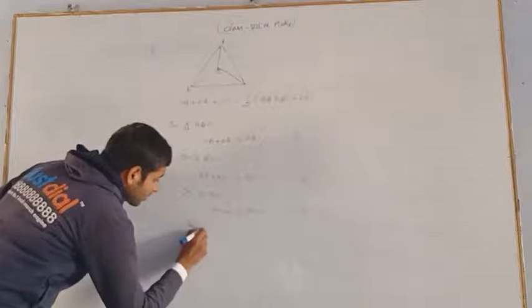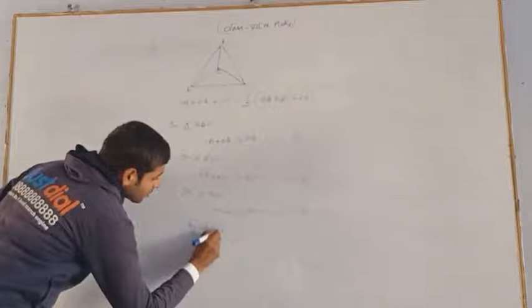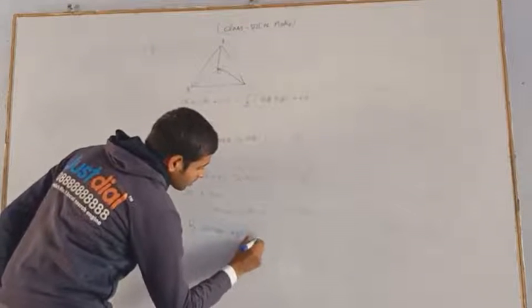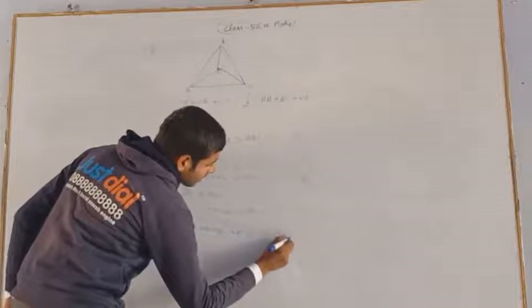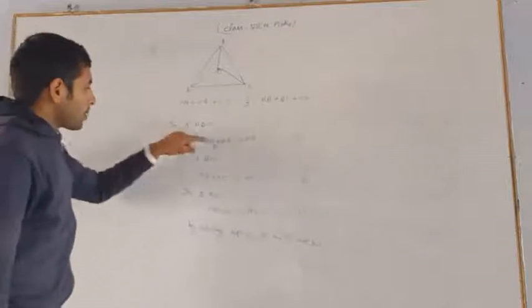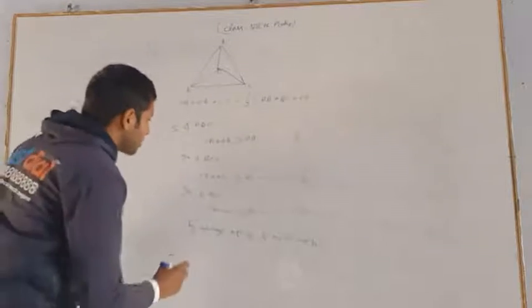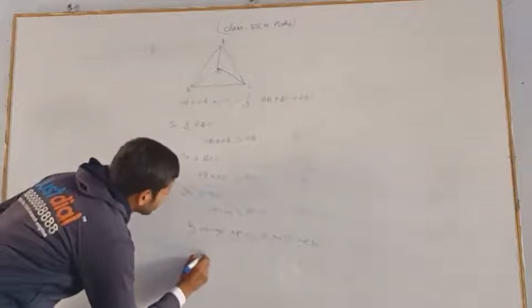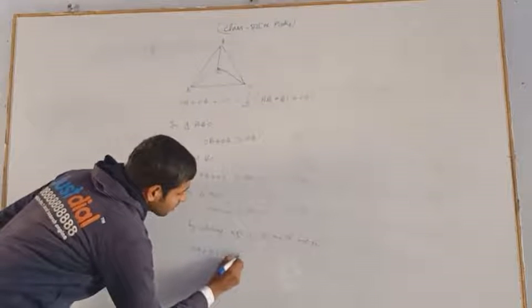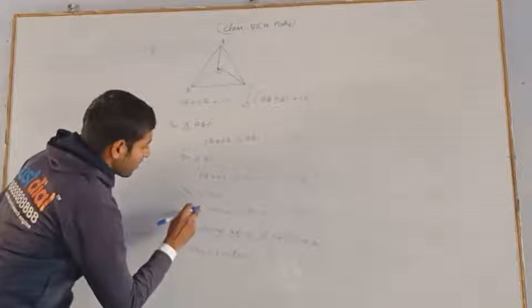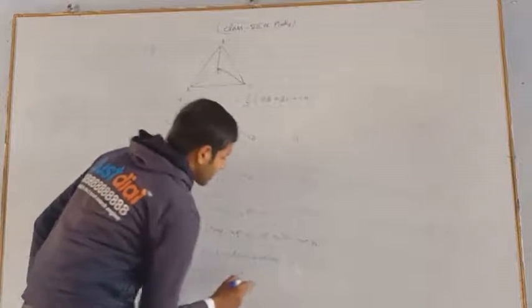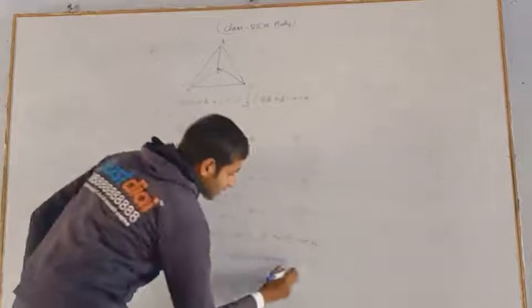By adding equations first, second and third, we get OA plus OB plus OB plus OC plus OA plus OC is greater than AB plus BC plus AC.